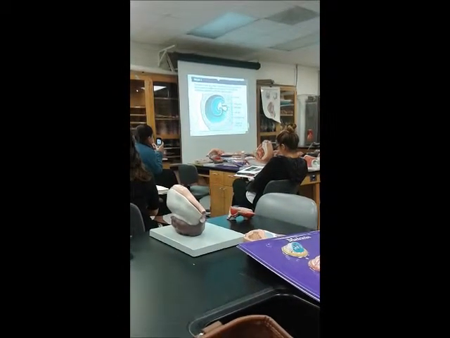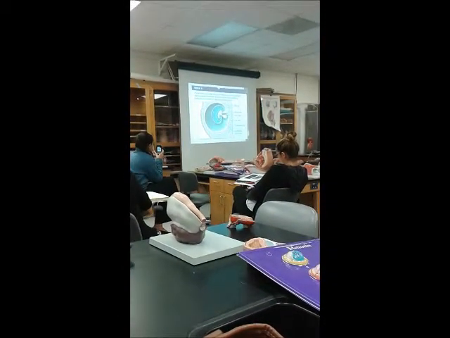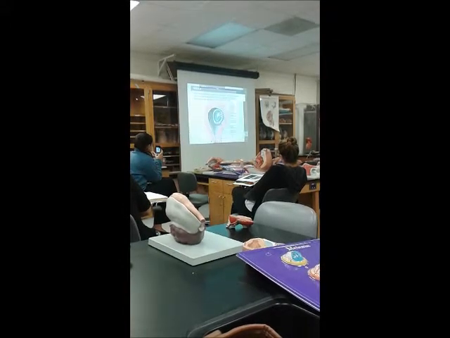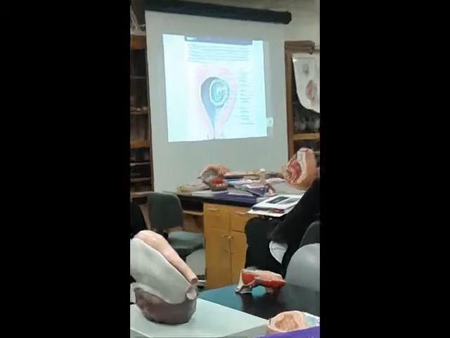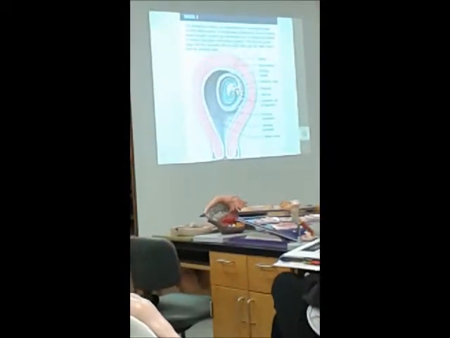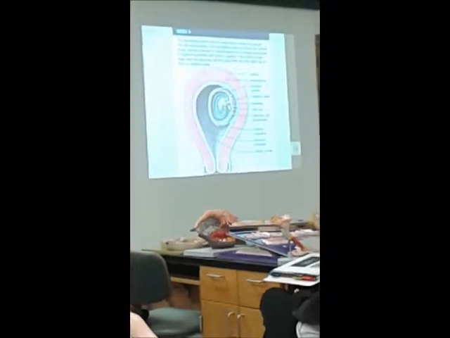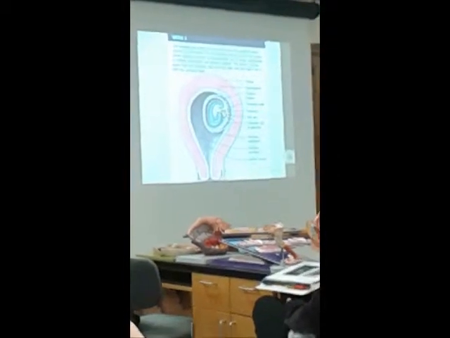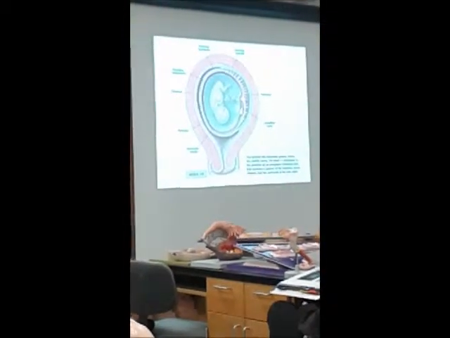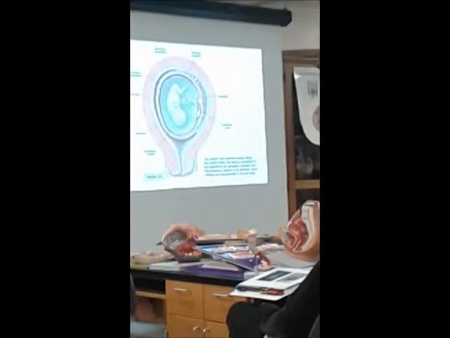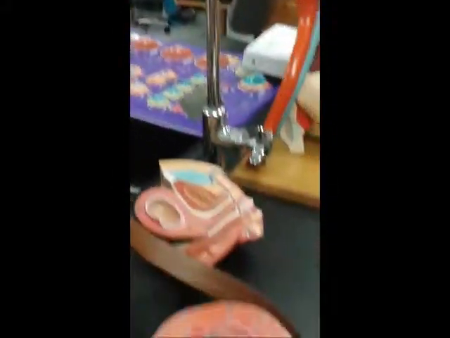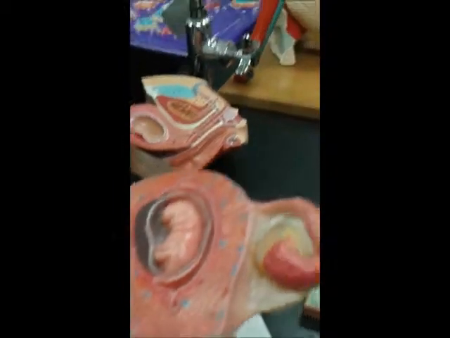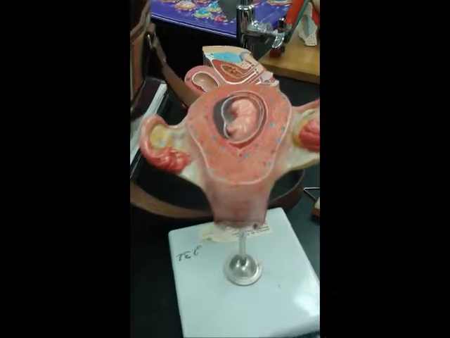So the next one, as you see, as it keeps growing, the yolk sac becomes smaller and smaller. So now in there you have the placenta, which is part of the endometrium there, and then you're going to have the myometrium, right? And the uterus is going to keep expanding and expanding. The bigger the uterus, the thinner the myometrium.